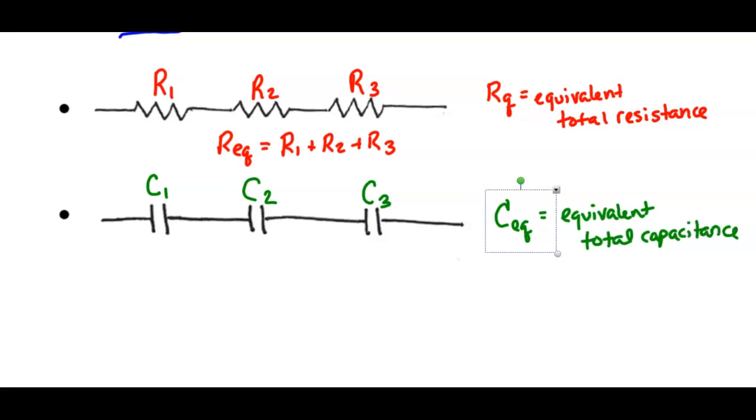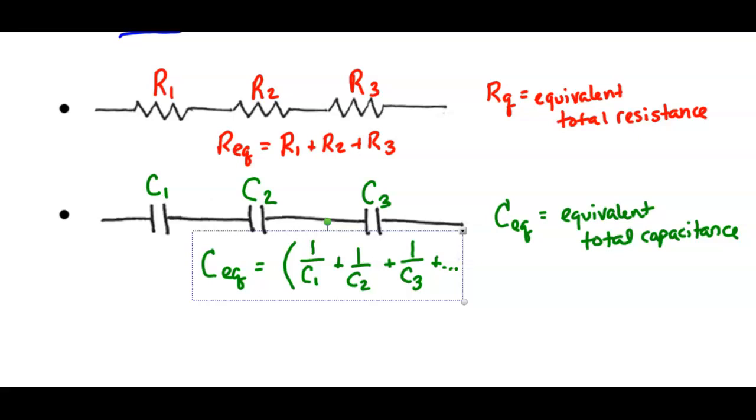So what we'll find is the equivalent capacitance is going to be 1 over C1 plus 1 over C2 plus 1 over C3, and if there's more you could just keep going with that. And then when you get there, you have to take everything to the negative first power.